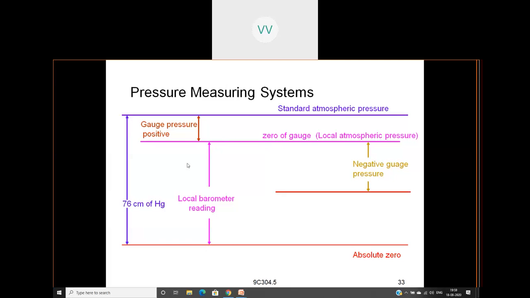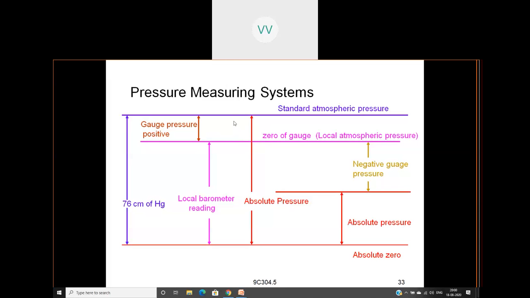When you want the total or the absolute pressure, you add the atmospheric or local pressure and add the gauge pressure to it, or if you want, you subtract the negative gauge pressure. Look here, this is the total absolute pressure. The local atmospheric pressure is the datum.